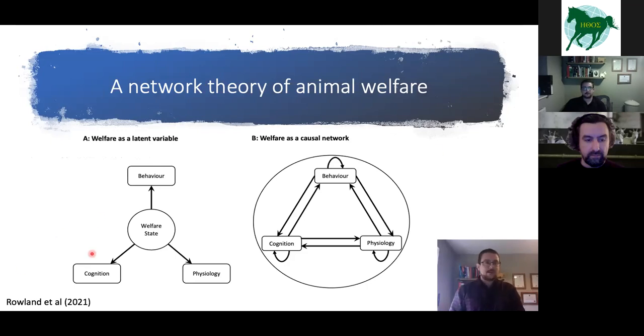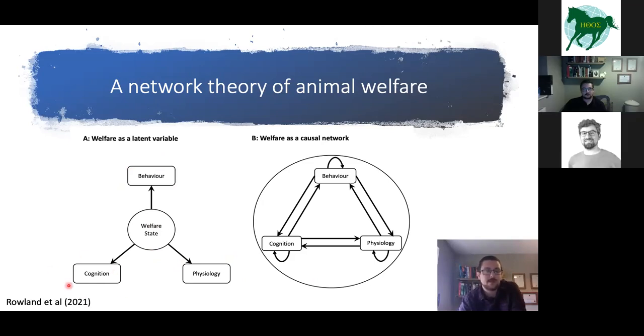In A, on the left, this is welfare as a latent variable, and this model assumes that changes in welfare state directly cause the changes in the measurable realms that we typically look at. So changes in welfare cause changes in behavior, physiology, and cognition. But that's not necessarily true.